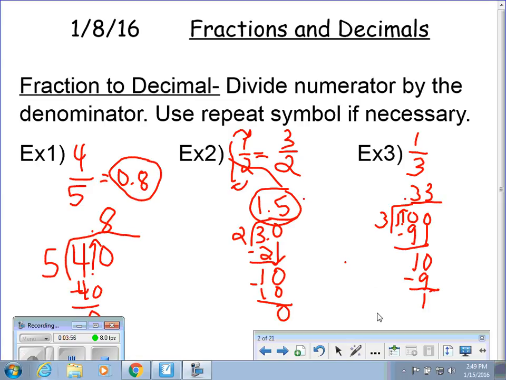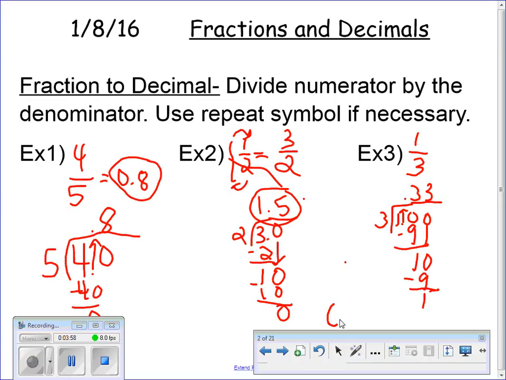So here are your options. We can use a repeat symbol, so 0.3 repeating. Or we can also round to the nearest 100th. We know that this is going to go on forever. And to review, if I'm going to round to the 100ths place, I'm looking at the digit in my 1,000ths place. Here's a 3.